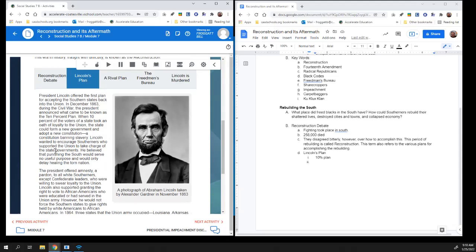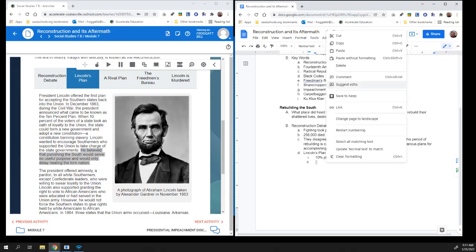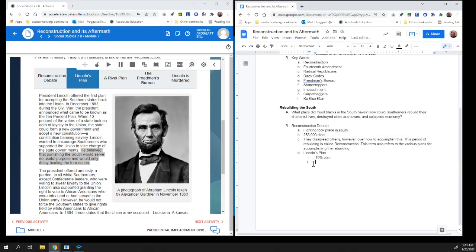Lincoln wanted to encourage Southerners who supported the Union to take charge of the state governments. He believed that punishing the South would serve no useful purpose and would only delay healing the torn nation. Again, perfect words. Couldn't have said it any better.